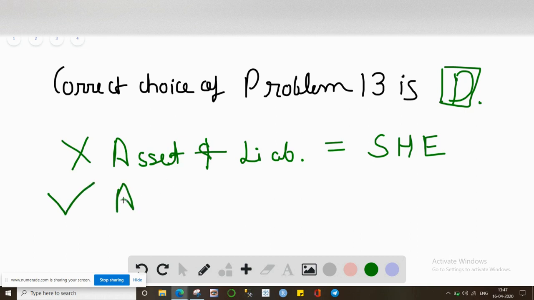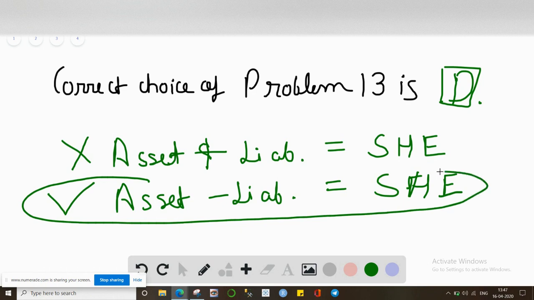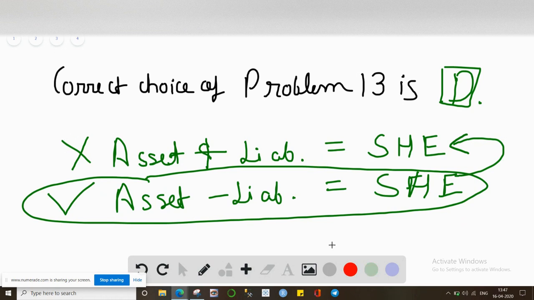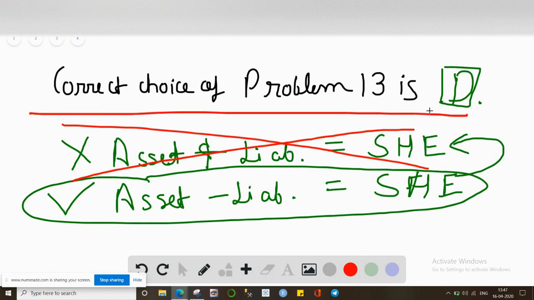The actual equation is asset minus liabilities equals stockholder equity, and from this equation we cannot derive this equation in any way. That is why this option is not correct, and thus it does not represent the actual accounting equation. So the correct choice of problem 13 is D.